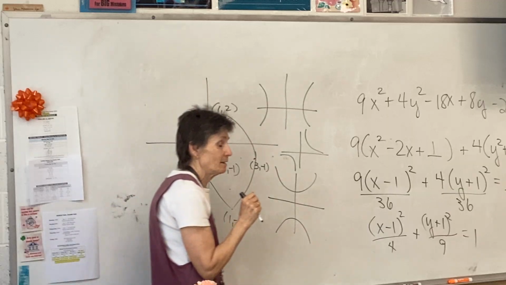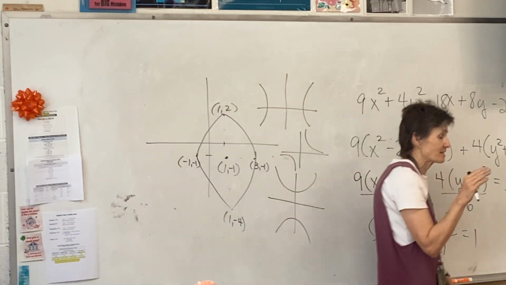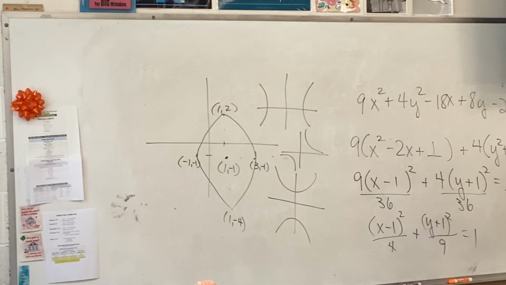Definition of a hyperbola. I'm gonna say it fast, and then I'm gonna let you write it, but I want you to listen to it. The set of points in a plane, the difference of whose distances from 2 fixed points is constant. Have you heard that before? Only in an ellipse, it was the sum of whose distances, and in a hyperbola, it's the difference of whose distances.